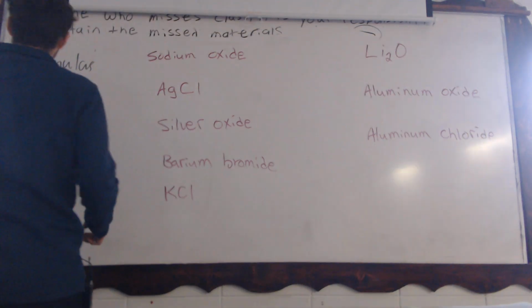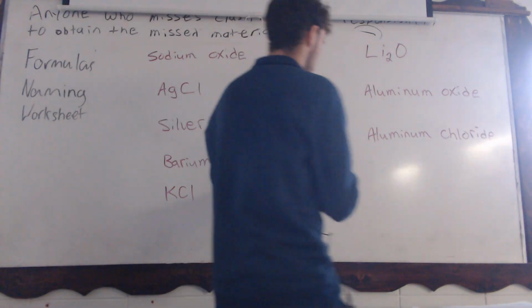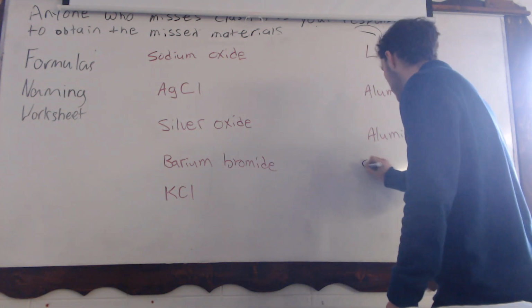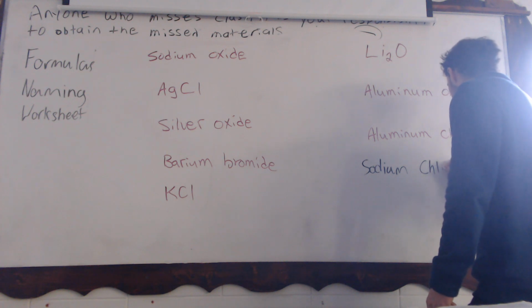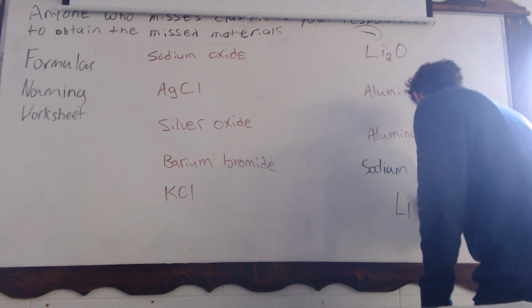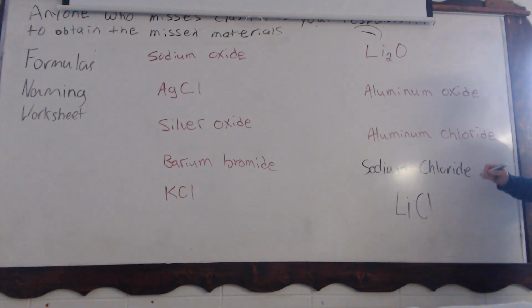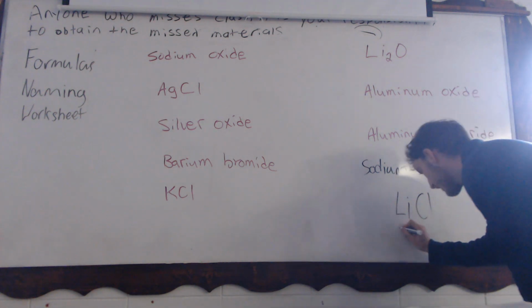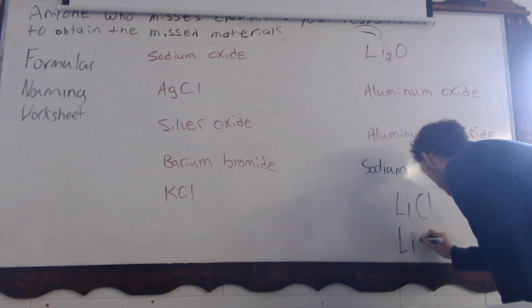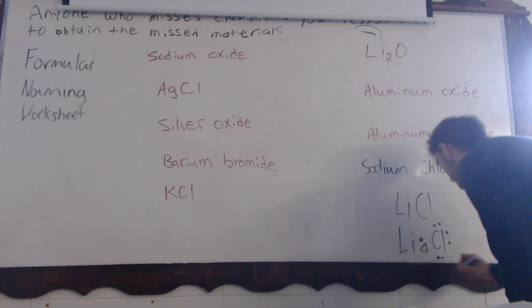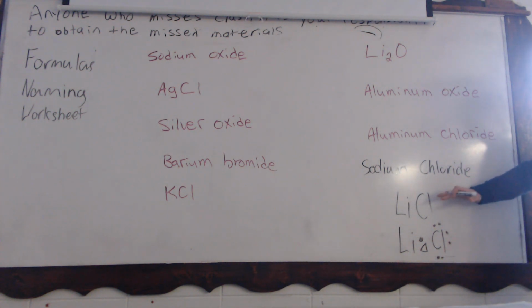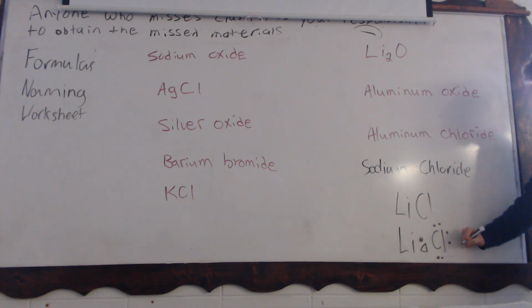So if the name is sodium chloride, then the formula would look like this. Formula, name. Electron dot diagram would be this. So I'm just looking for the formula of it, not the electron dot diagram.